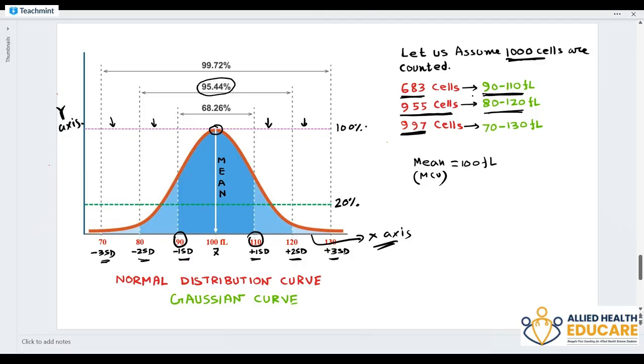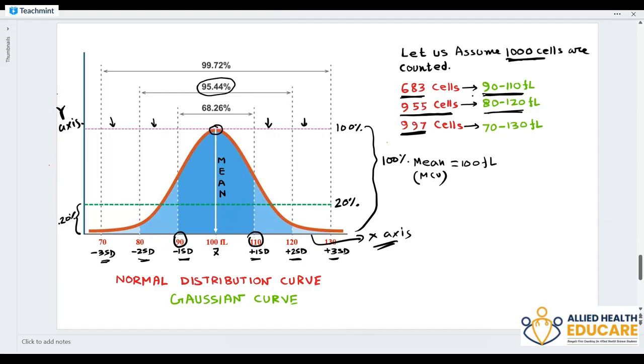If you consider from here to here 100%, then this portion is called 20%. So this 20% value represents the red cell distribution width. This 20% value represents the actual RDW value.